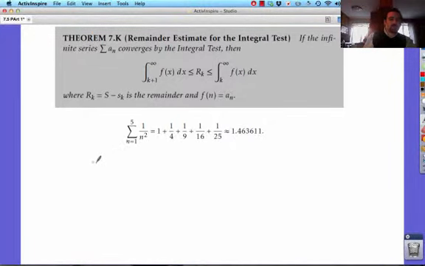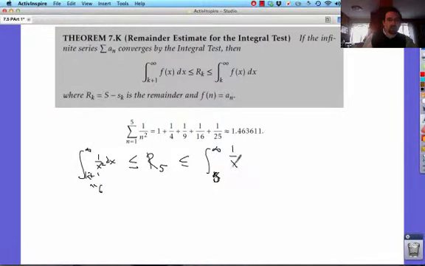The remainder after the 5th term is going to be bounded below by the integral from k plus 1 to infinity of 1 over x squared dx, and bounded above by the integral from k, in this case 5, to infinity of 1 over x squared dx.